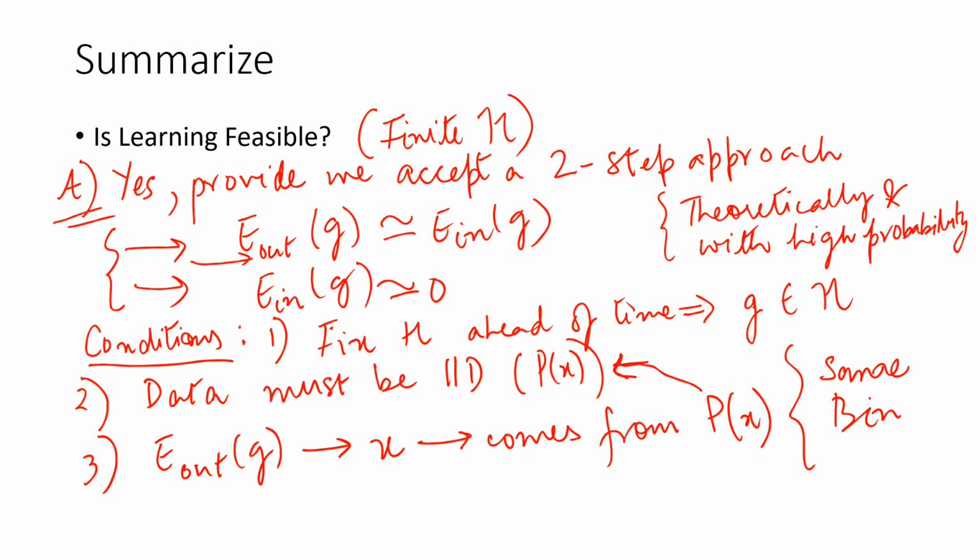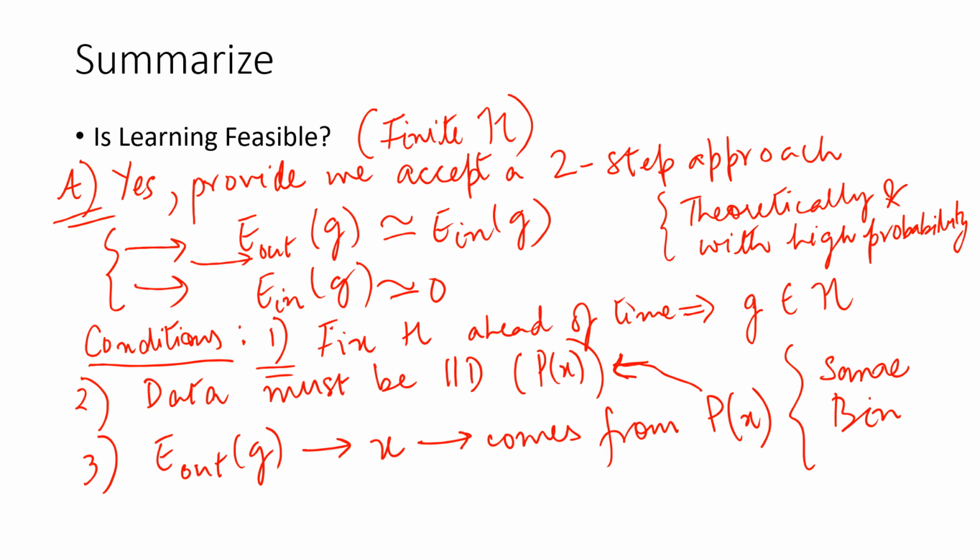The in-sample error, E in, can be really bad in certain situations. So this first condition also wants us to ensure that no matter what we get, although it is considered a failure in terms of the learning process as a whole, we have to accept it as it is.